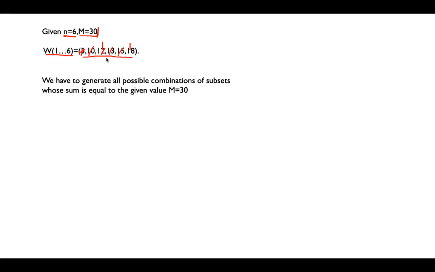So let's solve this problem using backtracking. M is 30. Weights are 5, 10, 12, 13, 15, 18. And X is for the 1, 2, 3, 4, 5, 6 elements. If an x value is 1 and another is 0, what does that mean? I have selected this element and not selected the others.